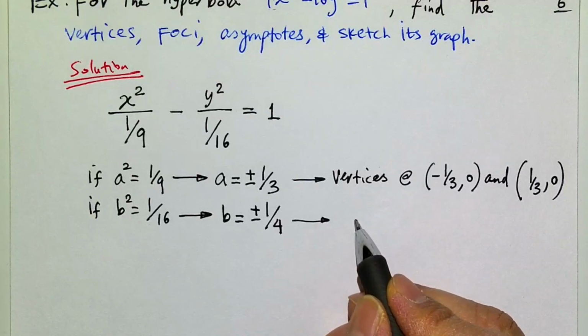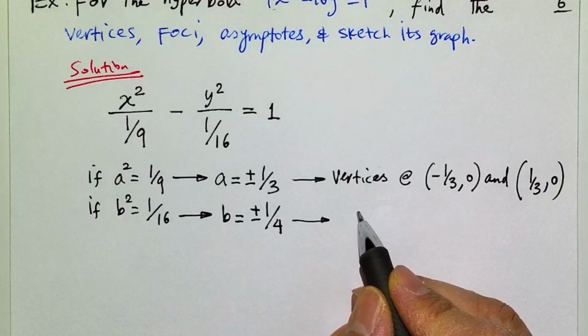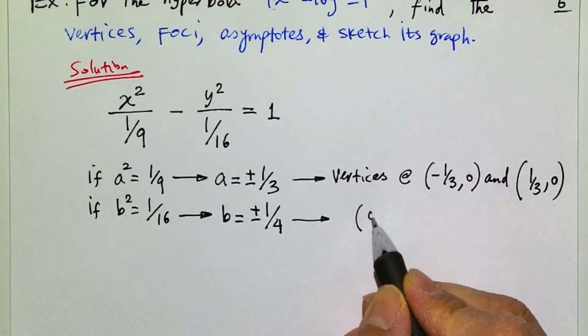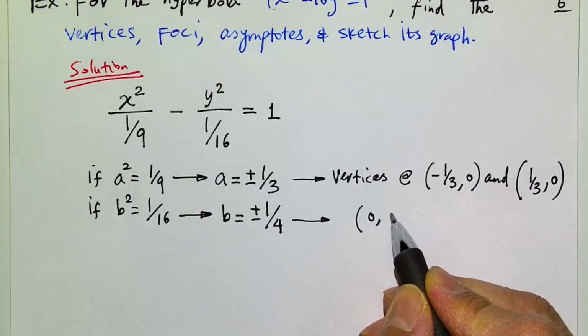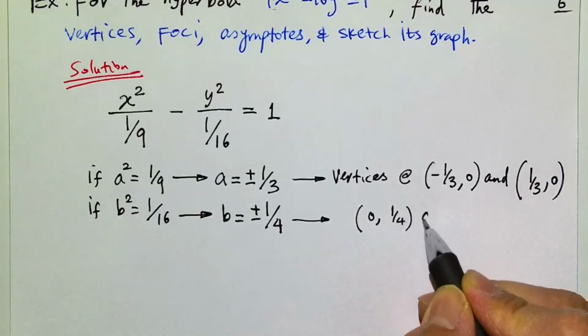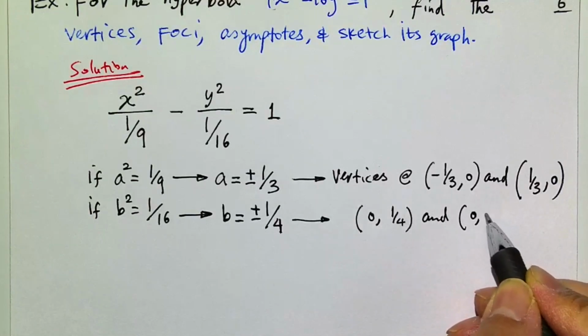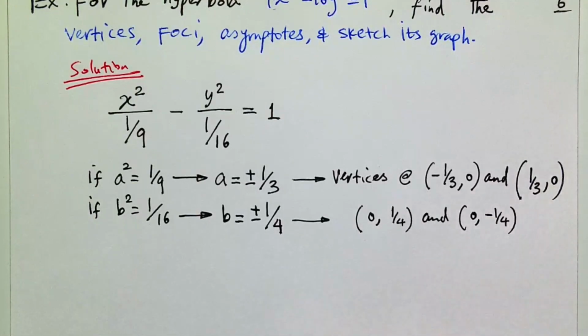So that would be 0, comma 1 over 4, and 0, comma negative 1 over 4.